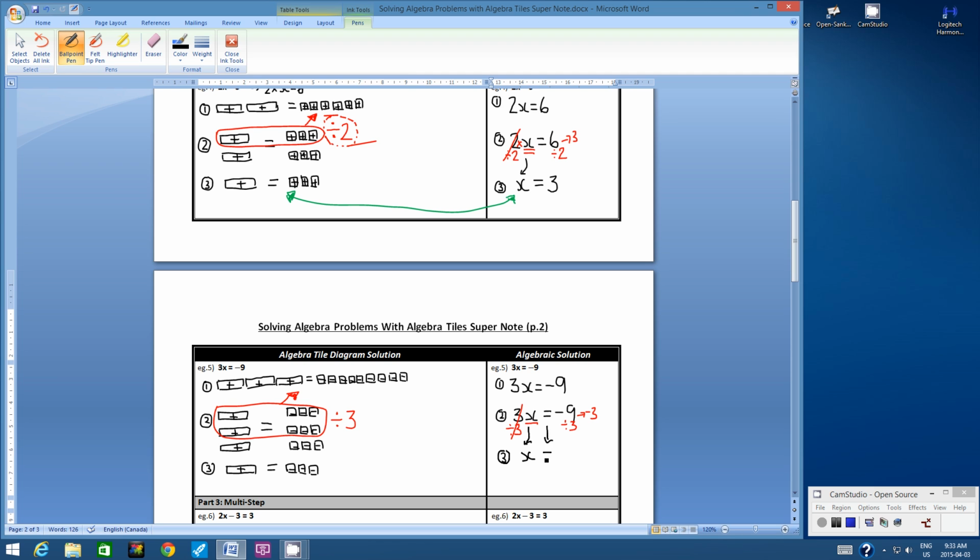We have the equal sign, and then we have negative 3 on the right-hand side. Okay, so let's see, does our diagram solution match our algebraic solution? Yes, it does. X equals negative 3.